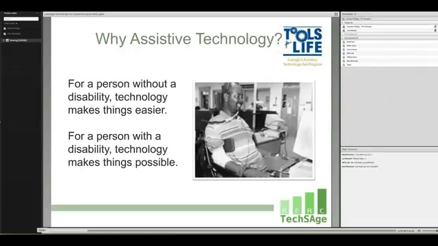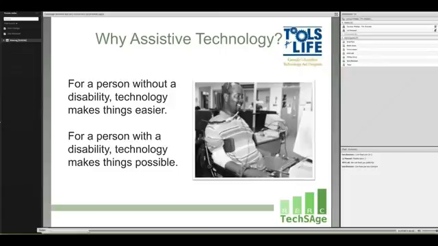This is a great slide that we've included in many of our talks throughout the years, and it's titled Why Assistive Technology. And I think this is very telling of the times and how quickly technology is evolving. So it says, for a person without a disability, technology makes things easier, which we find is so very true.